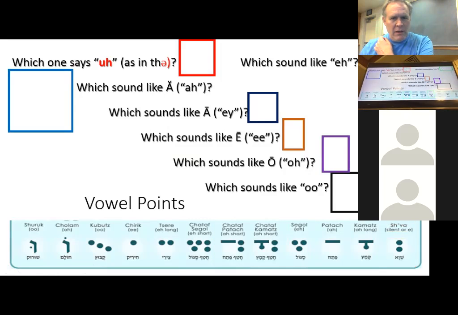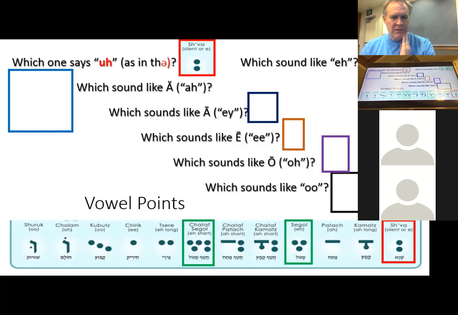Shva, again, it either has no sound or just a kind of a sound. One of them says eh. Which one says eh? Actually, there's 2 of them on the list there. Anybody remember which is the eh sound? Okay, this is the segol, which is this one right here, and the chatuf, or the kataf, that just stops it.